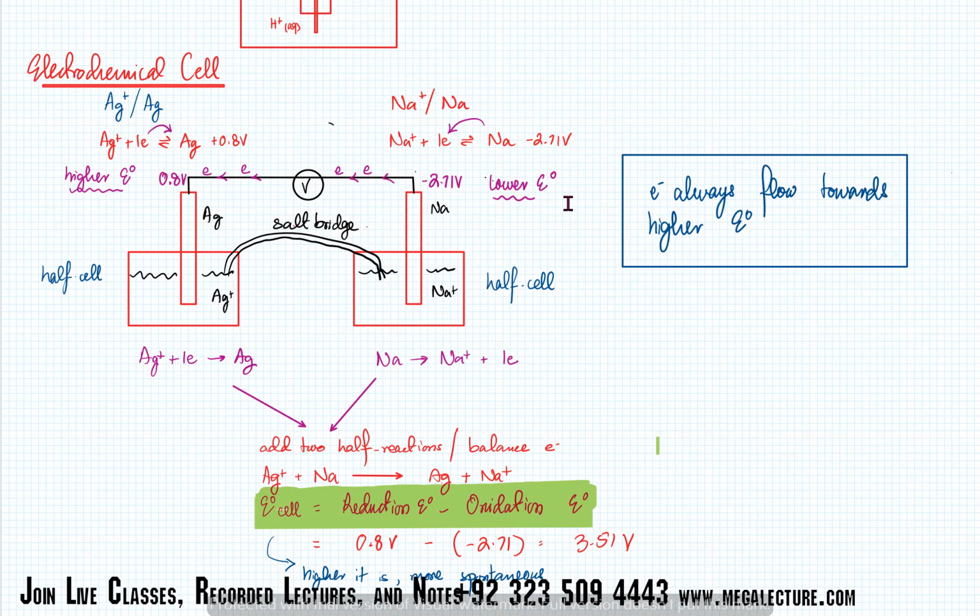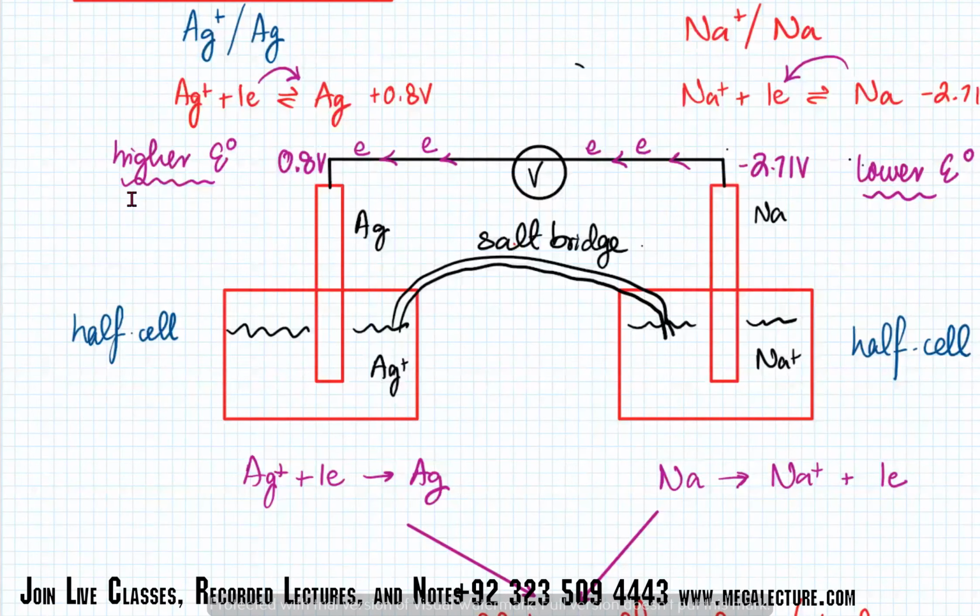The electrons would flow from the lower towards the higher side. The higher one would gain electrons because the electrons would be coming towards it. It would start gaining electrons, so it would undergo reduction. The higher one always undergoes reduction.